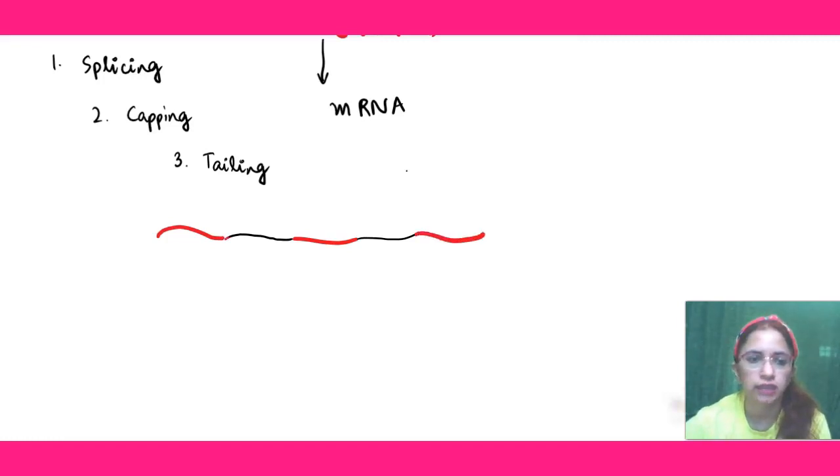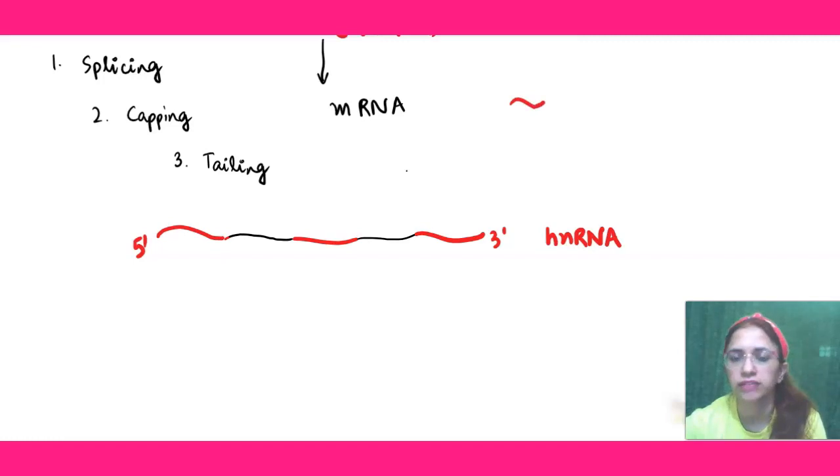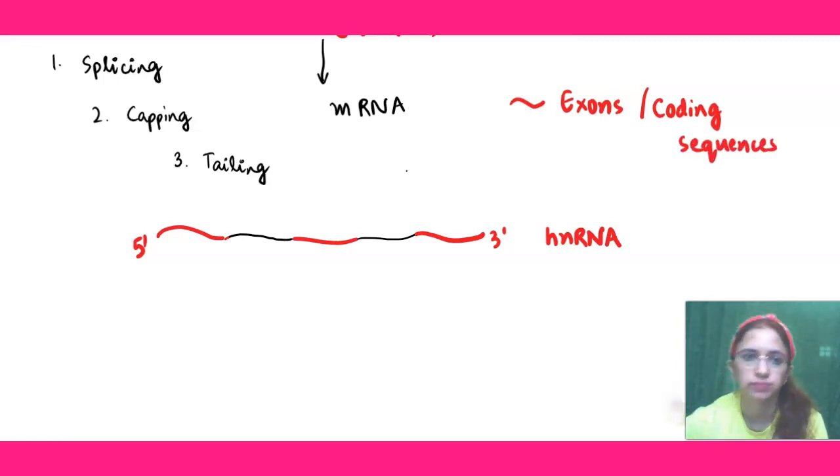This is our 5' end, this is our 3' end, and still this is our heterogeneous RNA because it has not undergone processing. Remember, the sequences in red are the ones which are important to us, and these are known as exons. These are the ones which are important, thus these will be counted as the coding sequences.